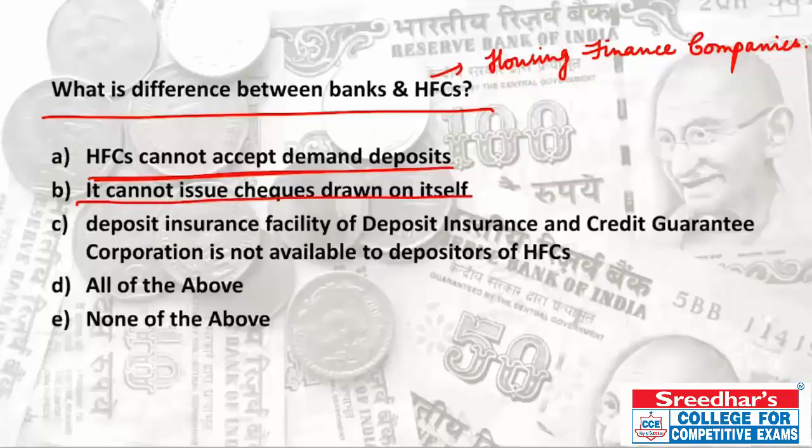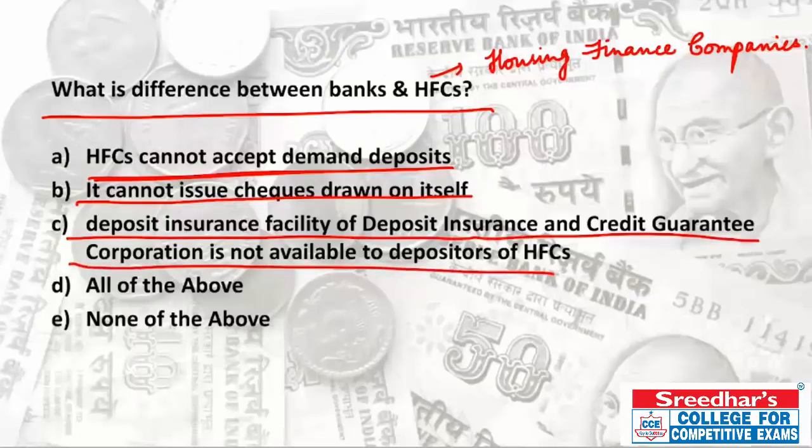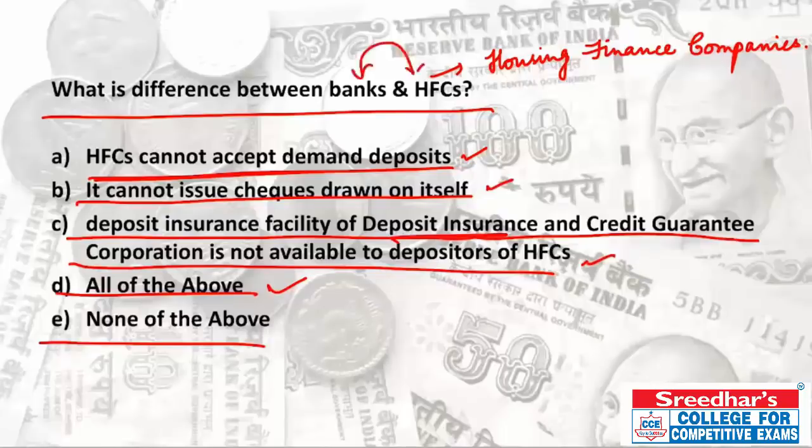Deposit insurance facility and credit guarantee corporation is not available to depositors of HFCs. All of the above, none of the above. So the answer is all of the above. Means HFCs cannot accept demand deposits, cannot issue checks drawn on itself, and likewise deposit insurance and credit guarantee is not available for deposits of HFCs. So that is the difference between banks and HFCs.